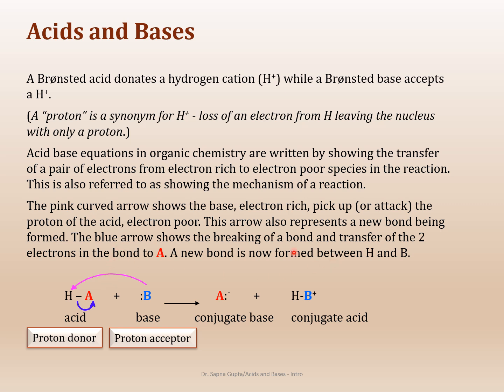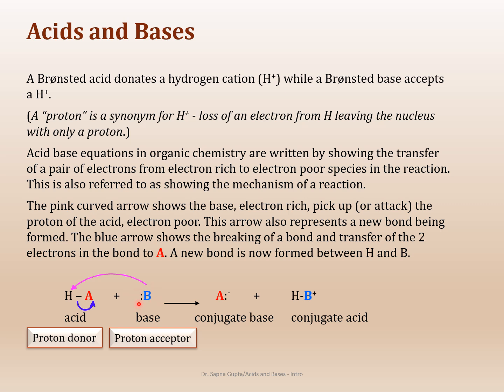What I've shown you here is an acid-base reaction where HA is the acid, B is the base, and these are the products on the right-hand side, where the acid gives you the conjugate base and the base gives you the conjugate acid. The most important thing here that I want to show you is the arrows. The pink arrow is going from the base, which is electron rich.